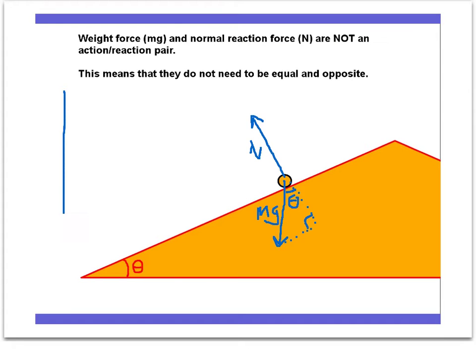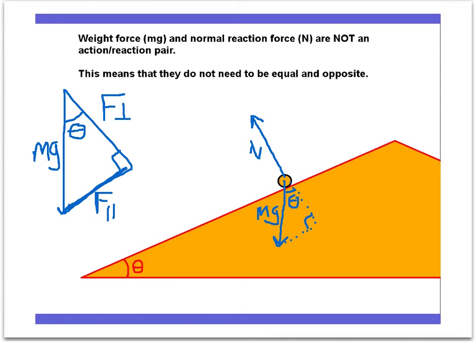So we get the hypotenuse, there is theta, there's the right angle, this side here is mg, and so this weight force down here is the net force. By trigonometry we can say that this side, we'll call this F parallel to the slope, and this side, force perpendicular to the slope.